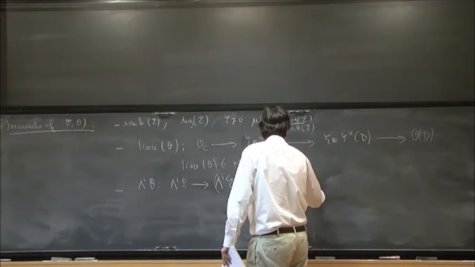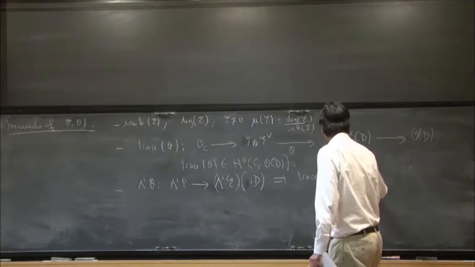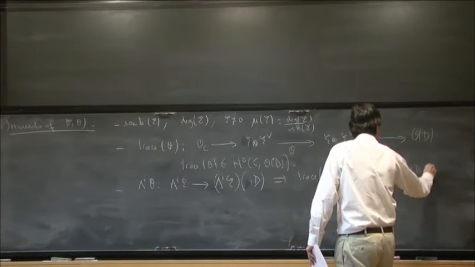And so the trace of the i-th exterior power of theta is a section of O(iD).